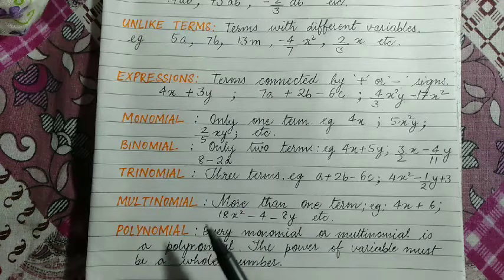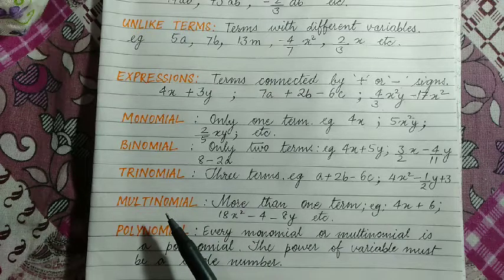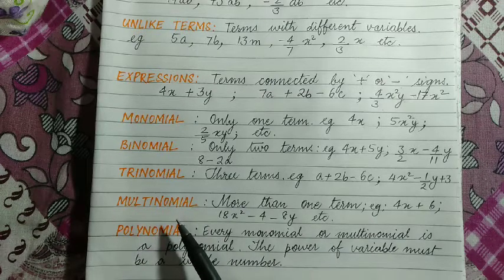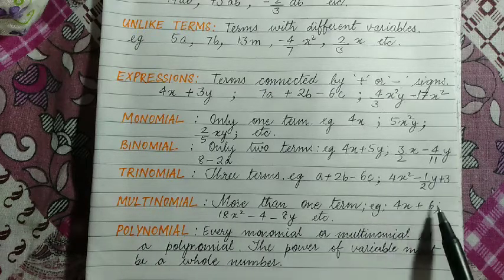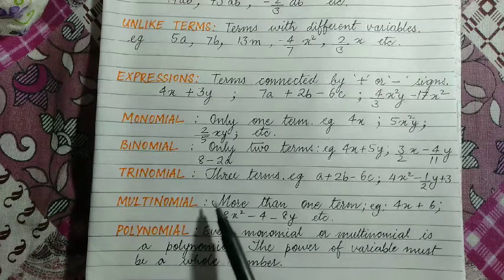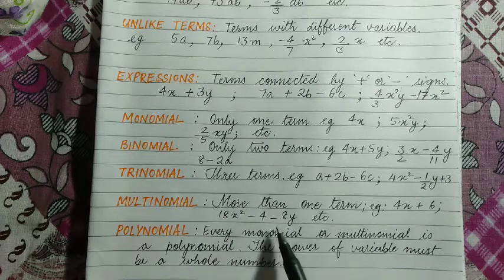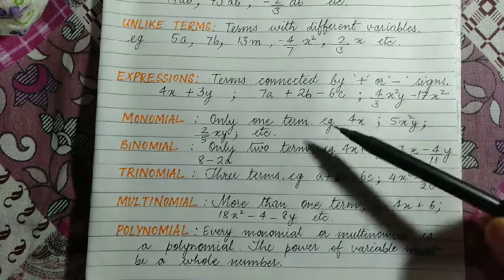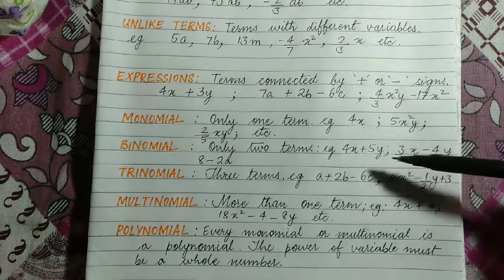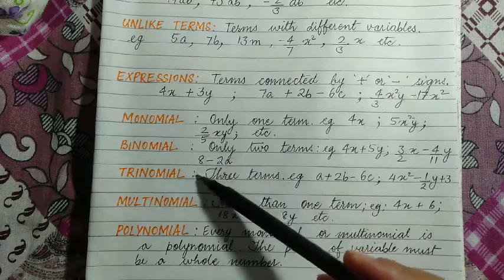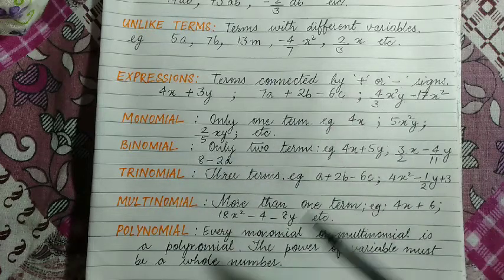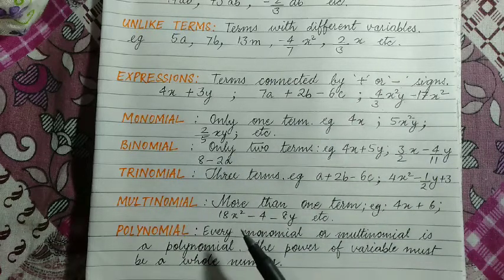Now, multinomials are the expressions which have more than one term. If there are two terms, it's a binomial; if there are three terms, it's a trinomial. Except for monomials, all those expressions like binomial and trinomial, with more than one term, are considered multinomials.